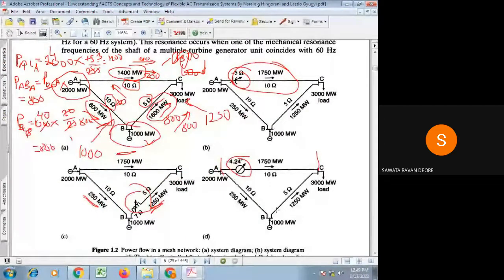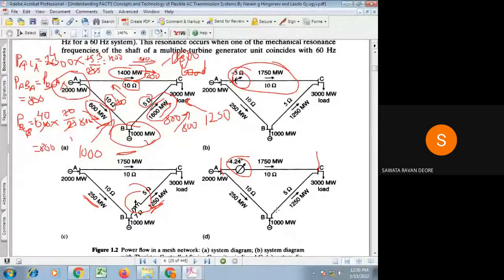So you can see that when there is a bottleneck on a given power system, the solution is what? Either you need to upgrade the transmission line of that bottleneck network, or you go with some flexible AC transmission devices in that network so that you can divert the power flows of the transmission lines.